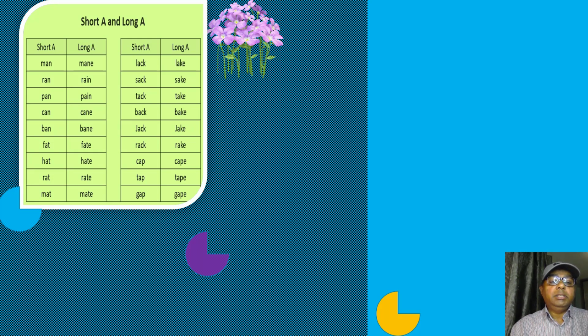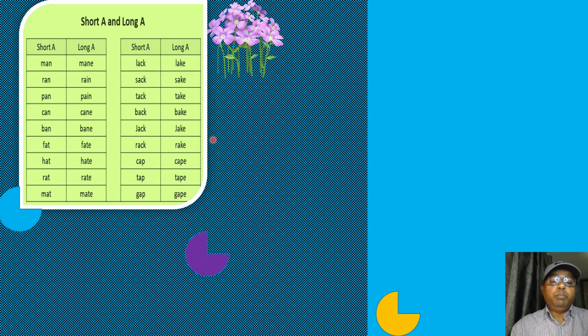Long A is main, rain, pain, cane, and mostly long A sounds usually have two vowels, one in the middle and E at the end, but not necessarily. Sometimes two vowels together can be a long vowel sound as well. For example, rain doesn't have any E at the end, and pain doesn't have any E at the end. So it is absolutely imperative for a learner to distinguish between short A sound and long A sound.